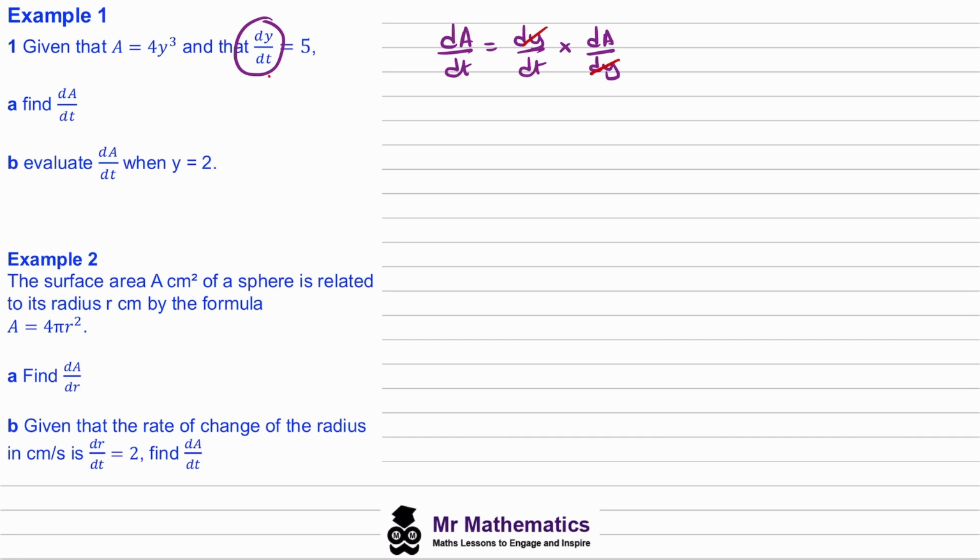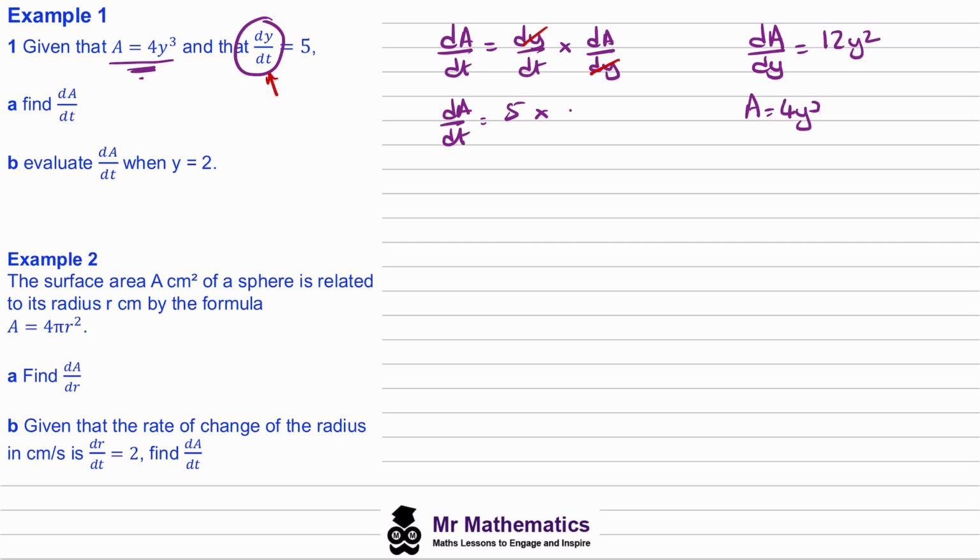We've been given that dy by dt is 5. So dA by dt will be 5 multiplied by dA by dy. So we need to find this, and we can find dA by dy by differentiating this with respect to y. So if A is 4y cubed, then dA by dy will be 12y squared.